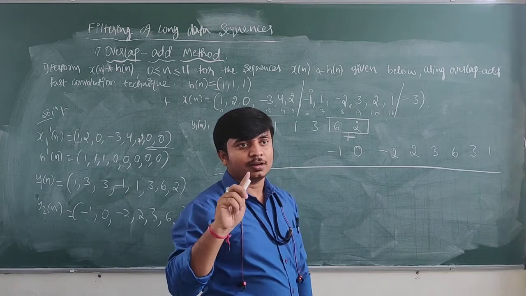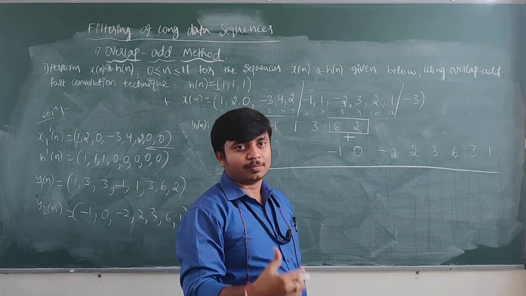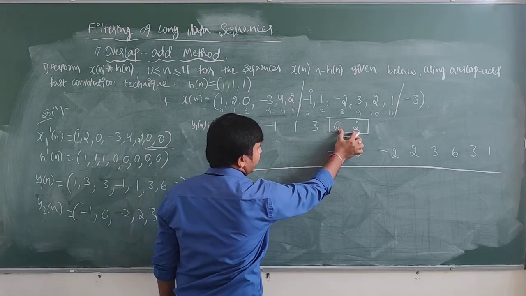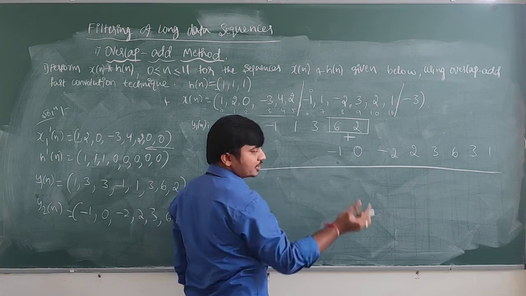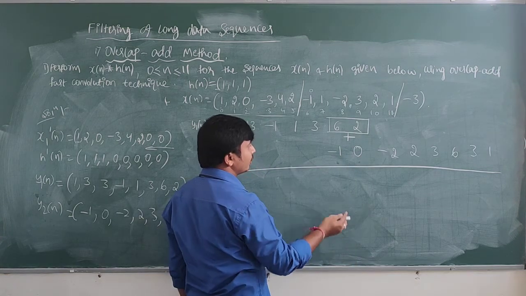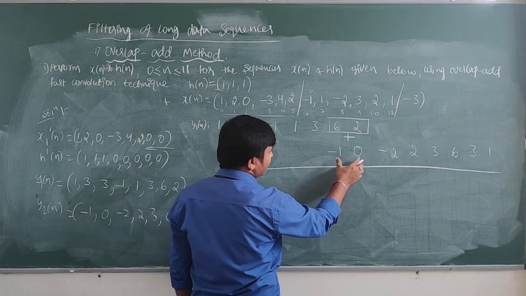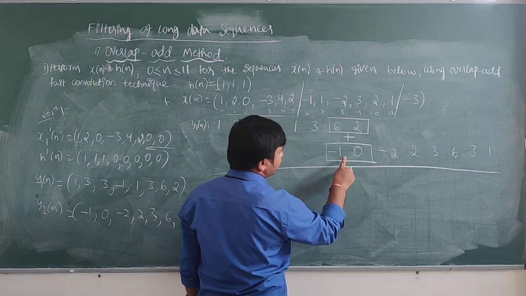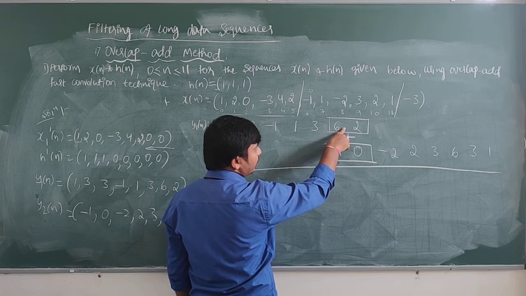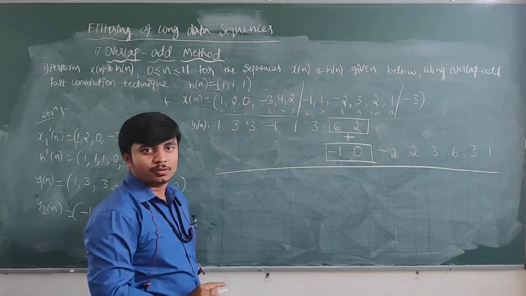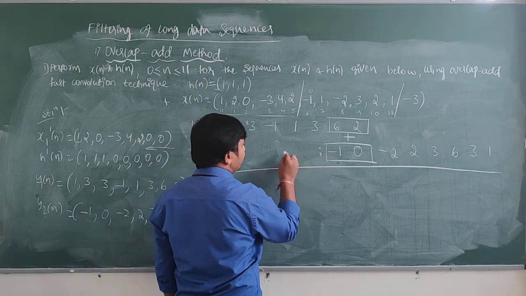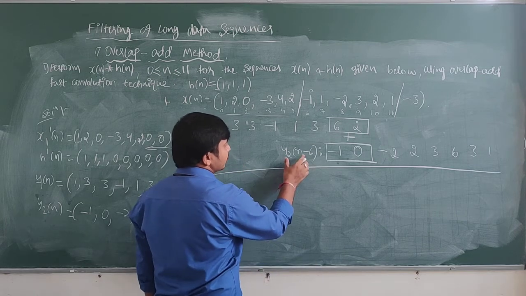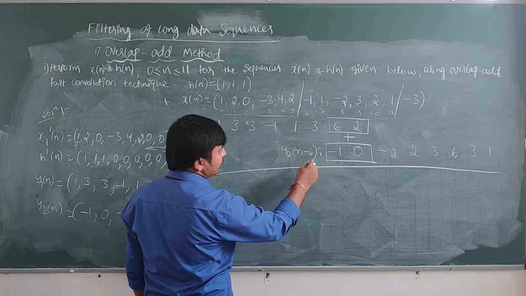While explaining the overlap add method, I said that the last M minus 1 samples of y1 of n will be added to the first M minus 1 samples of the next sequence, that is y2 of n minus N. M minus 1 is 2 here. So the first two samples of y2 of n minus N are added to the last M minus 1 samples of y1 of n. This is y2 of n minus 6, shifted right by 6 units.